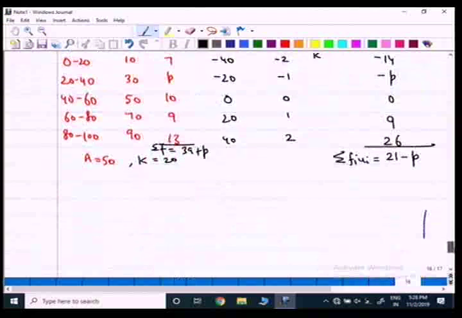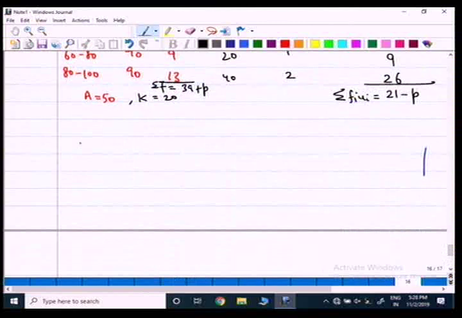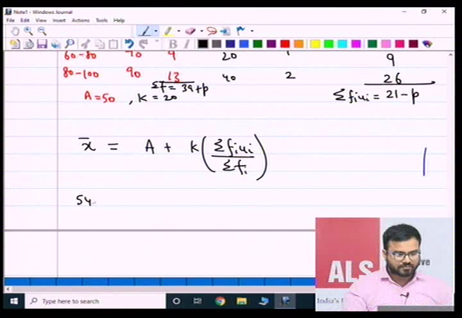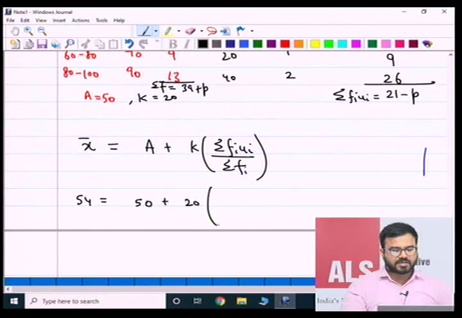So after getting all these values, mean would be equal to A plus k times of sigma fi ui over sigma f. Right? So now we just have to put the values over here. Mean for the data is given 54. A is 50. K is 20. This is 21 minus p over 39 plus p.